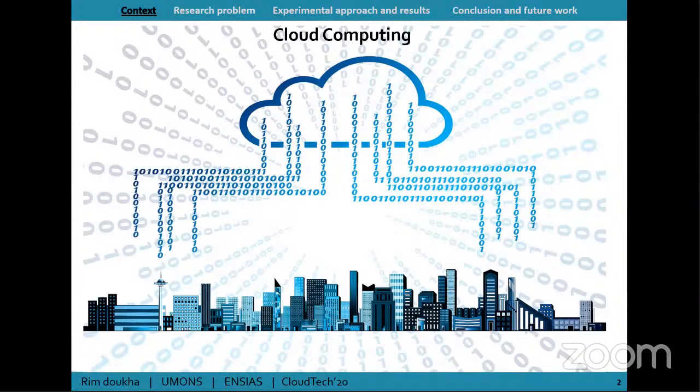This is particularly the case with artificial intelligence applications, which require significant computation resources and a huge amount of data to accelerate the learning of their models. So the migration of an application to the cloud or inter-cloud is not as easy as it seems.